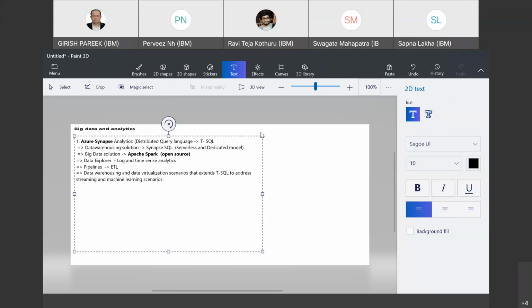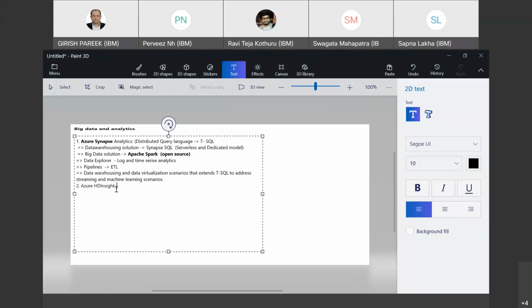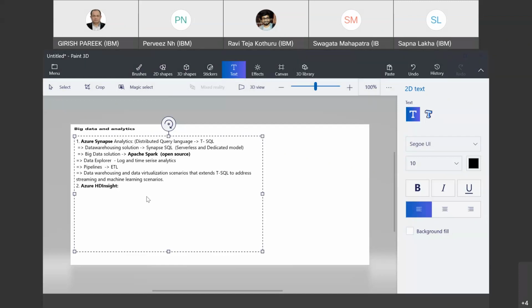Next, we will discuss Azure HDInsight. Azure HDInsight is a fully managed open source analytics service for enterprise.